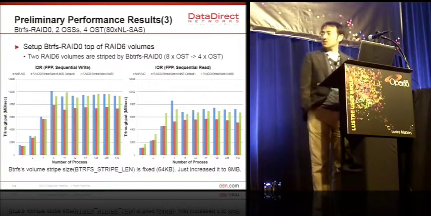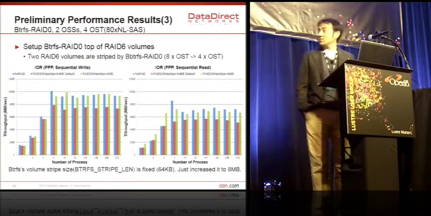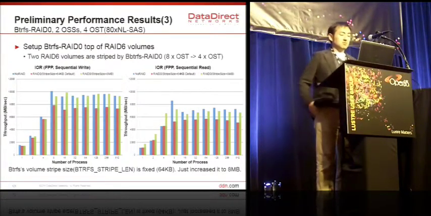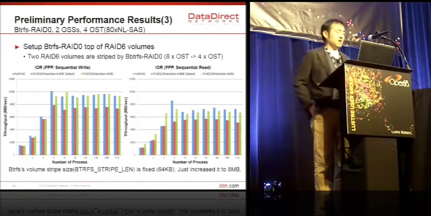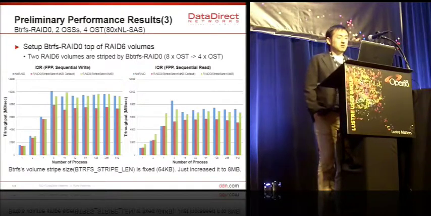So we changed the Btrfs code to support a larger chunk size, up to 8 megabytes. Then we ran the IOR again. That is the light green line.